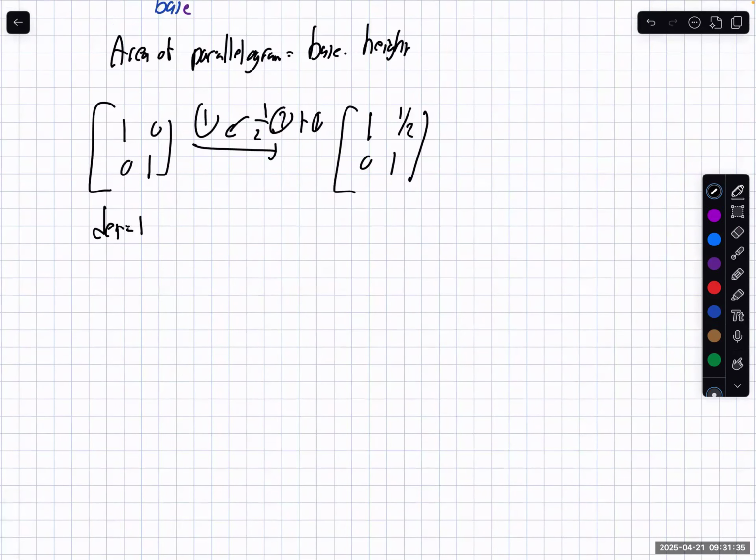Also, just doing the shortcut calculation, the determinant here is 1 times 1 minus 0 times 1/2, which is still 1.